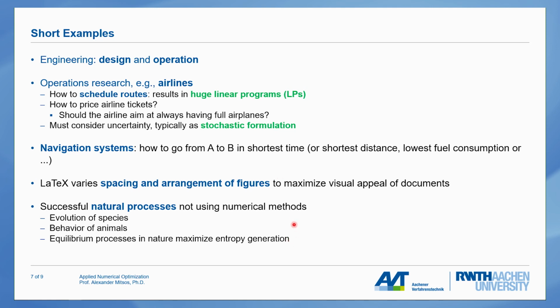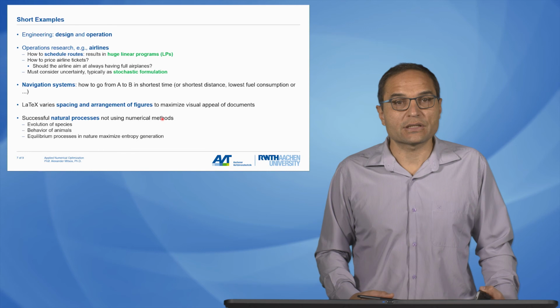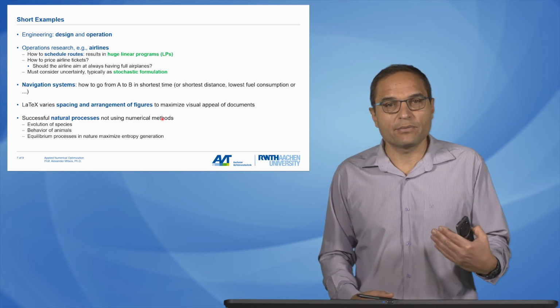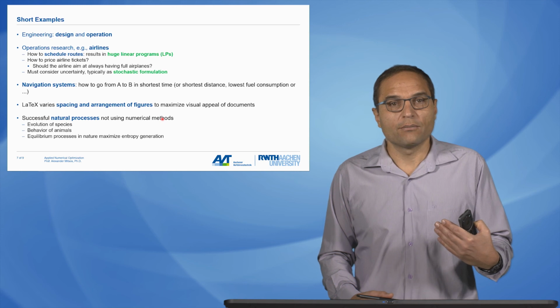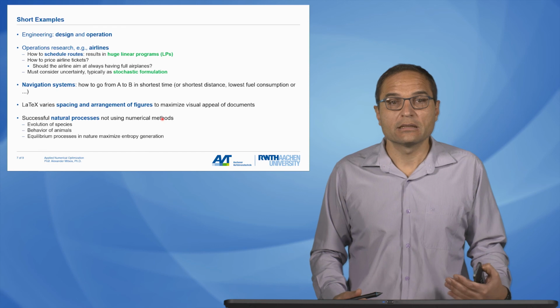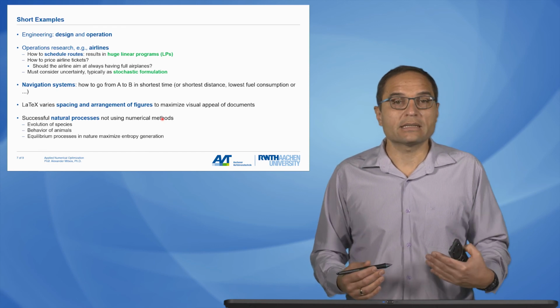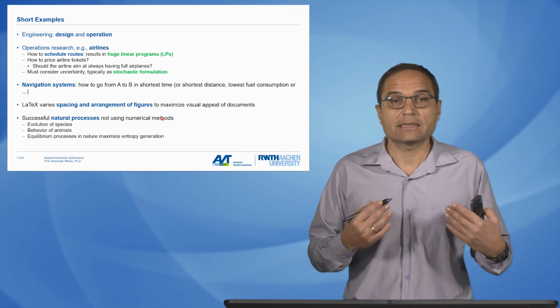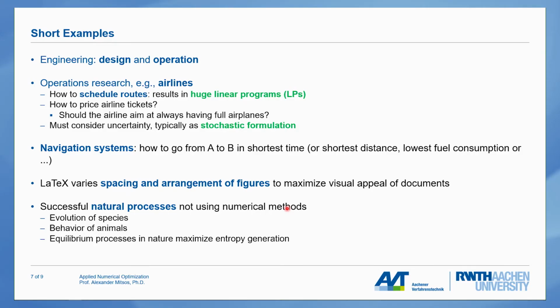Mother Nature has very many processes that are running, and we have described these processes by optimization. So if you think of evolution of species, the simplistic argument is that it's the survival of the fittest. So that's an optimization question. If you see behavior of many animals, they're optimizing their processes.